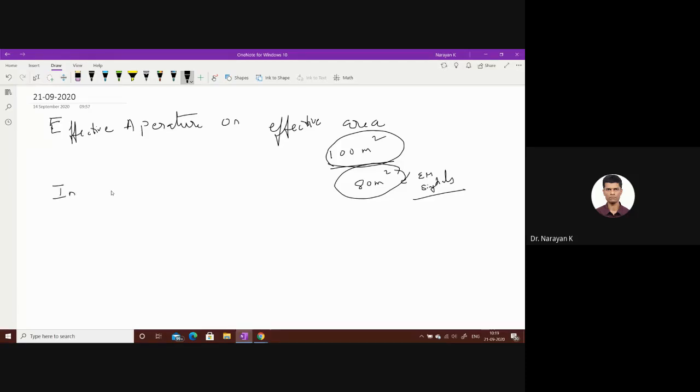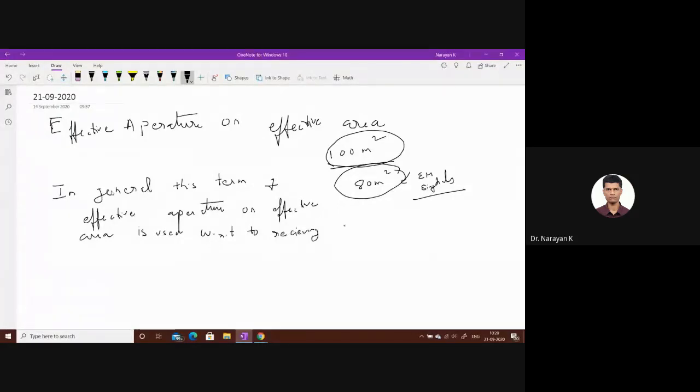In general, this term of effective aperture or effective area is used with respect to receiving antenna, not transmitting antenna.